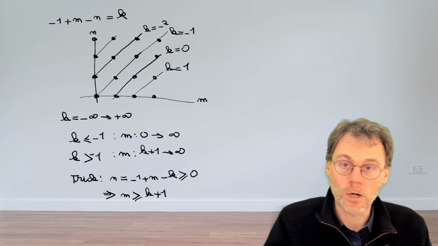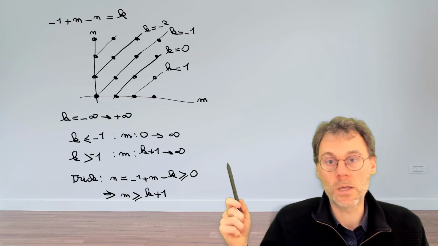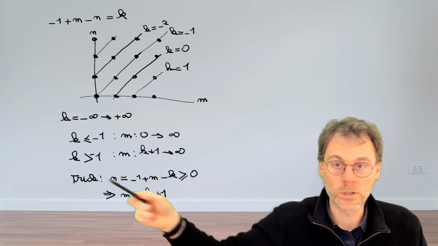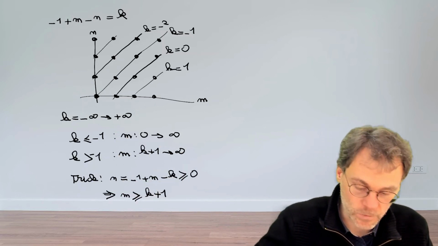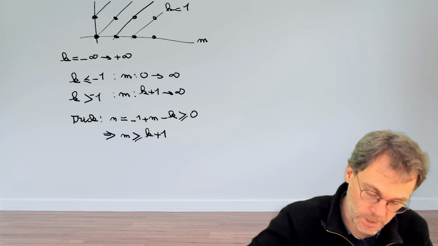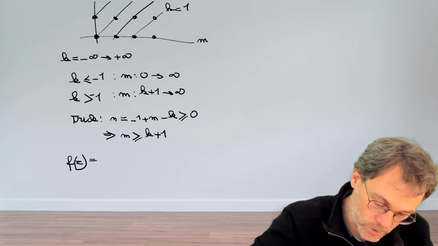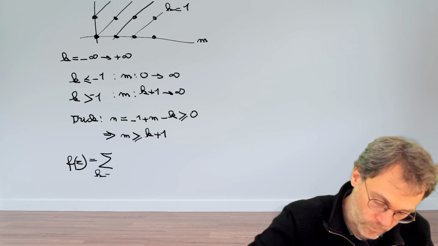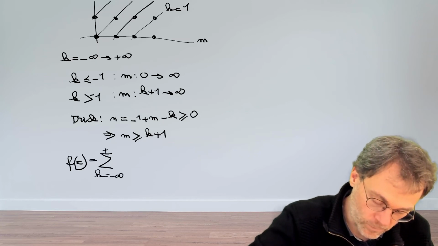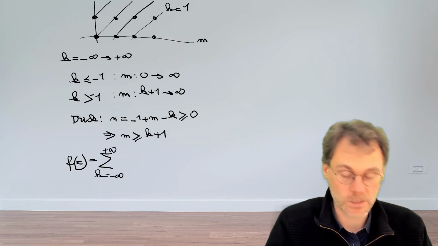Okay, the hard work seems done now. We have rearranged stuff. We know what the different bounds are. So finally, we can write down that our function here, f of z, can be written as a Laurent series for values of k that will run from -infinity to plus infinity.